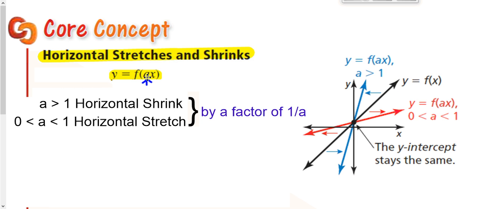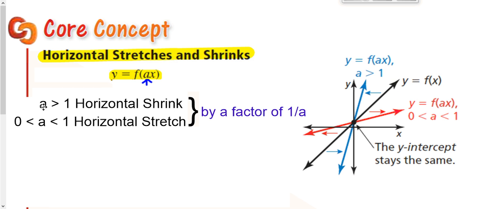Remember, the a is on the inside, so that must be a horizontal movement of some kind. So if it's multiplied on the inside, it's a stretch or shrink. Remember, like I said at the beginning, any movement on the inside is opposite of what we originally think.